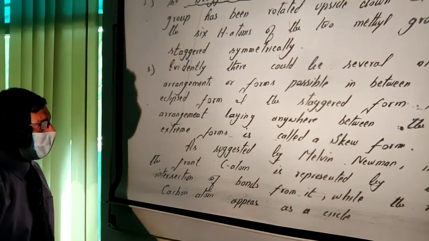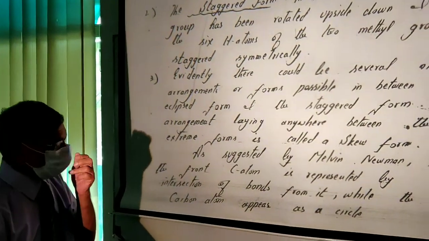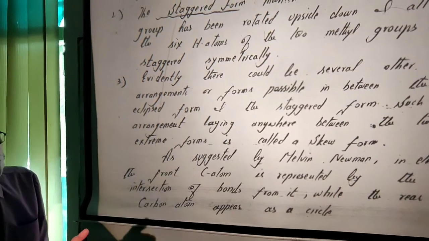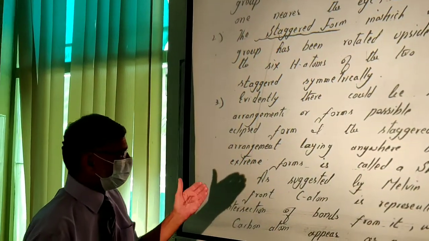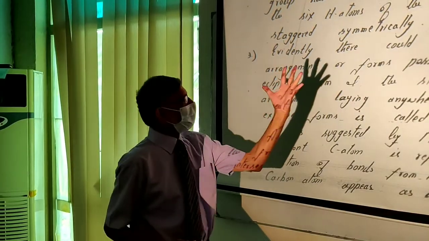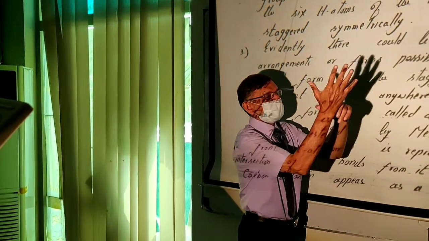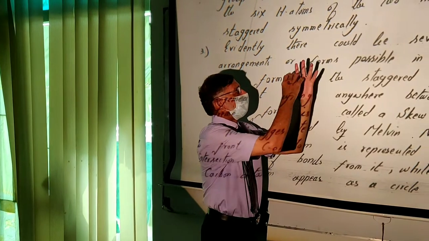Now, between these two, there should be something which we call the skew form. In the skew form, if this is one carbon, this is another carbon, and these are the methyl groups.